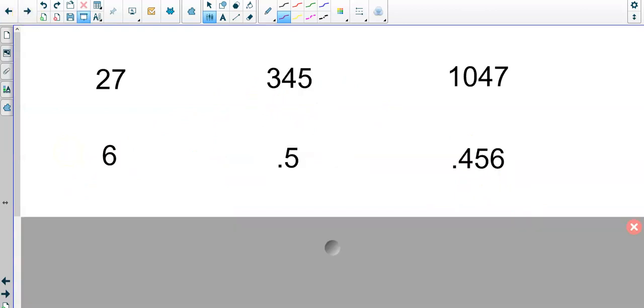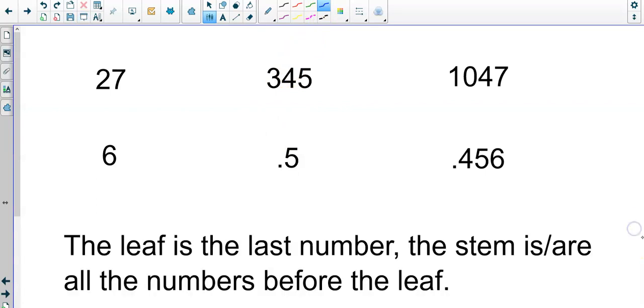So, let's talk about stem and leaves real quick. How do we make stem and leaves from data entries? So let's say I've got these data entries up here. I've got 6 of them. Here's how you make a stem versus a leaf. The leaf is the last number.